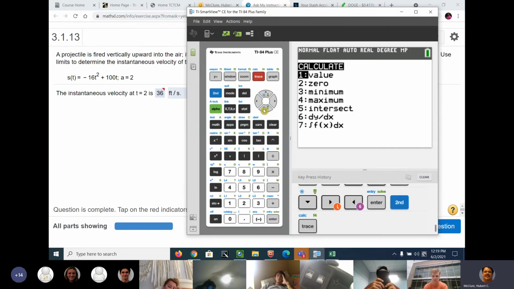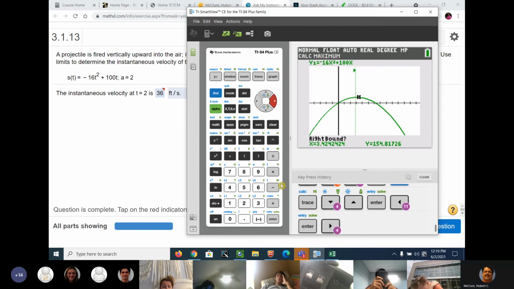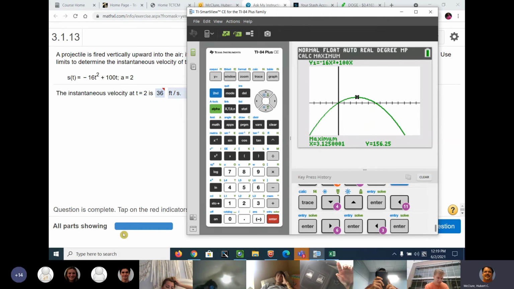We can go ahead and get the maximum. I'm going to just go ahead and get all this stuff right now because I don't know if it's going to ask for it or not. The vertex is somewhere in here. There's the vertex.